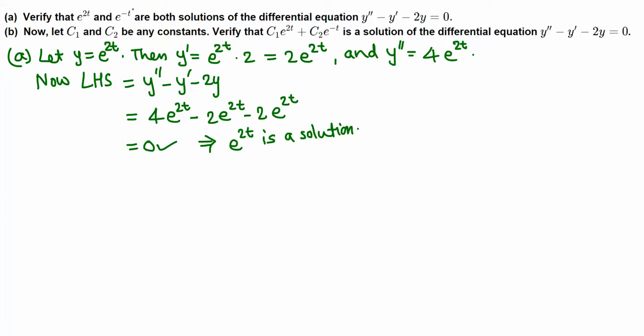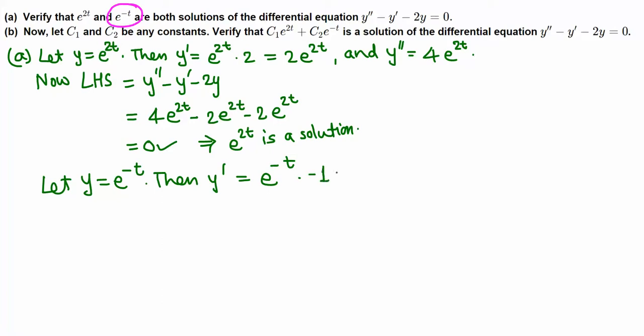Similarly, we can try the second function, e raised to negative t. So let y be e raised to negative t, then we find the first derivative and second derivative in order to plug in the left hand side. Okay, y prime: the derivative of e raised to negative t is itself times the derivative of the exponent. The derivative of negative t is just negative 1.